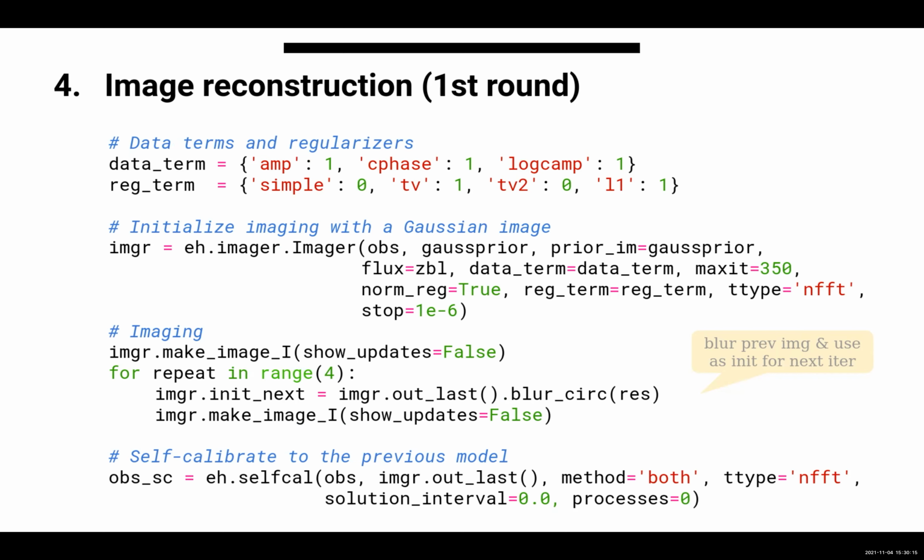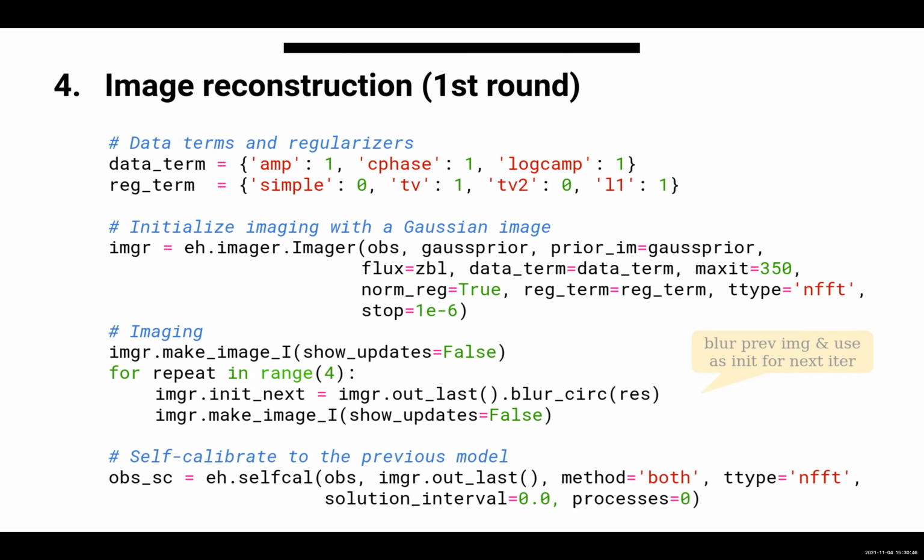So we start our imager, which is this function you see here, by passing our observation, our initial image, our prior image, which is the same, the zero baseline flux, our data products, our regularizers, and some other parameters. We start the optimization process by making the first image, and after it finishes we get one image that resembles more or less the ground truth image.